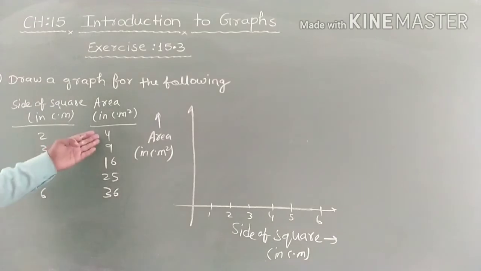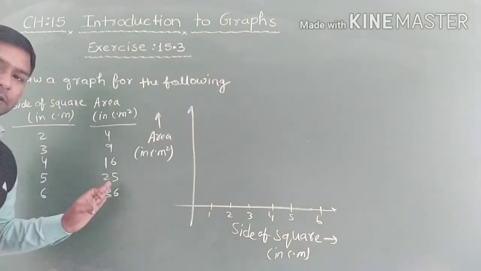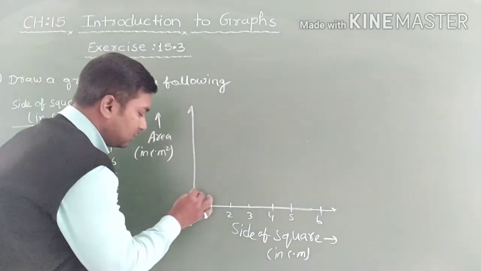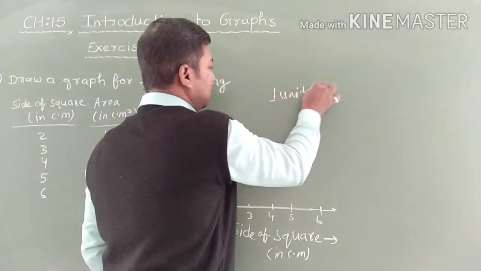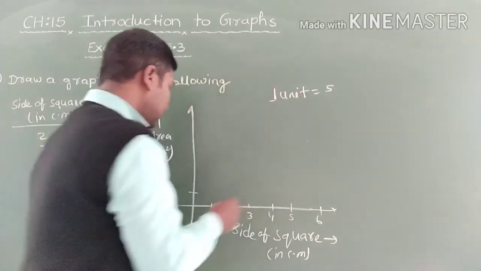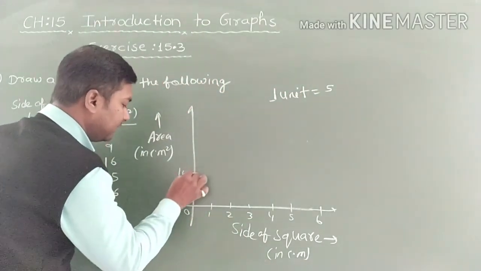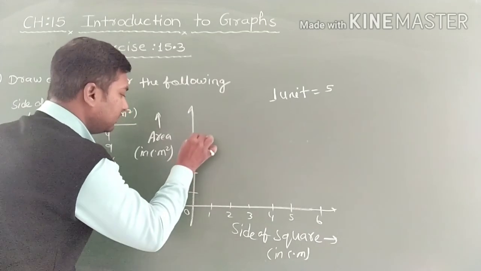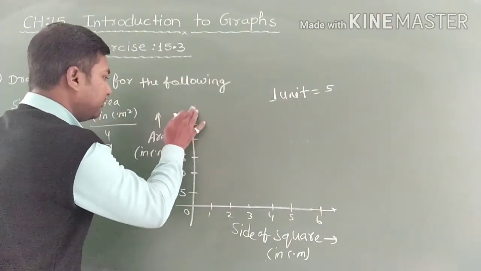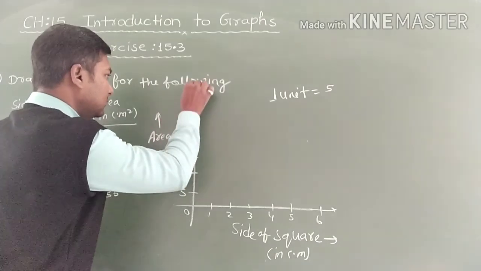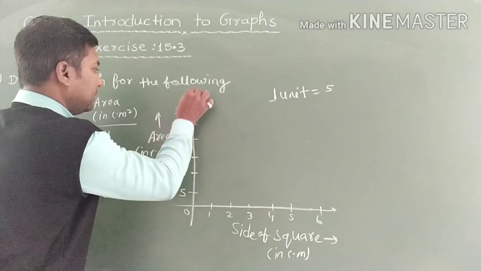Now 4, 9, 16, 25, 36. Okay, so the differences are equal, so we can take 1 unit equals to 5. So starting from, this is 0 and this is 5, 10, 15, 20, 25, 30, 35.